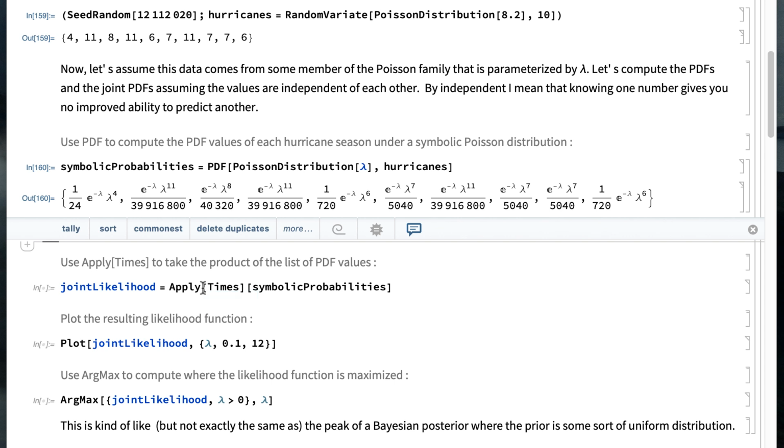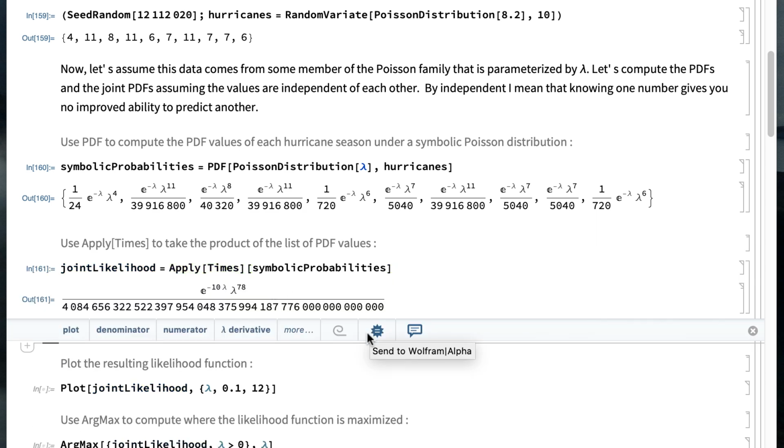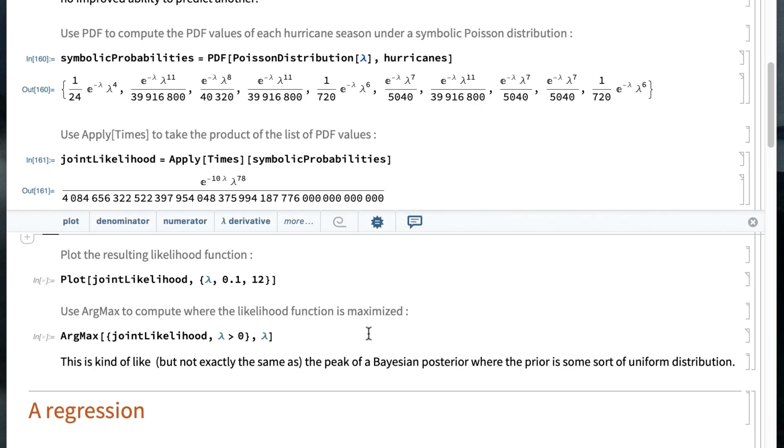So you remember Apply basically replaces the head, and so we're going to replace the list head of this expression with multiplication, and it'll then just do out the multiplication. So there we go. It's some ghastly expression, but we don't really care.